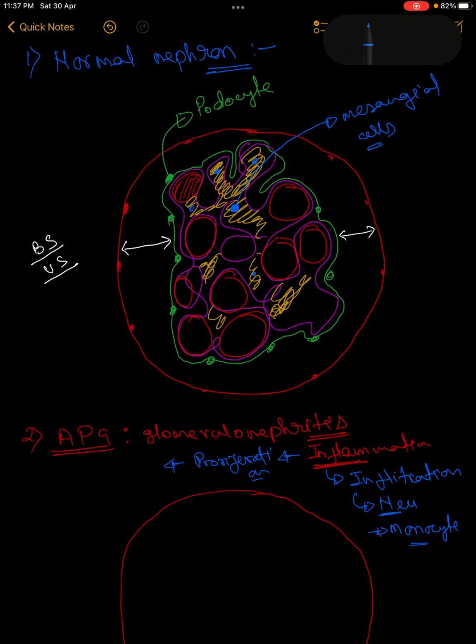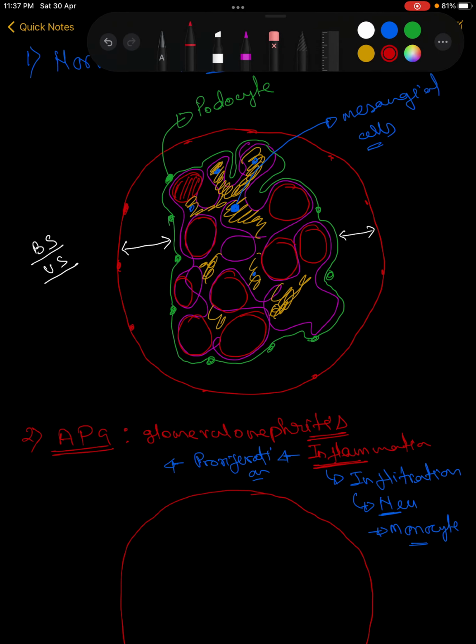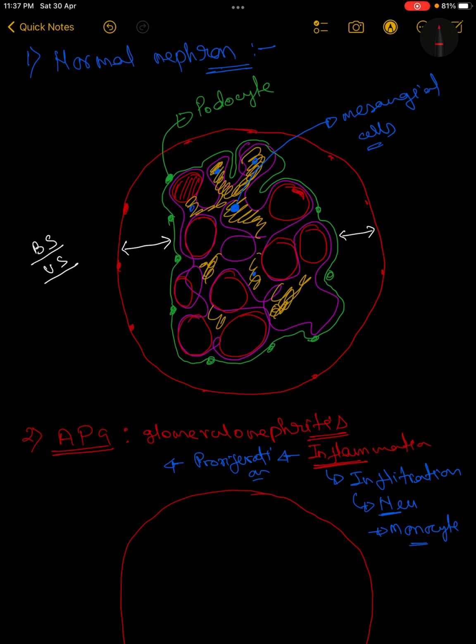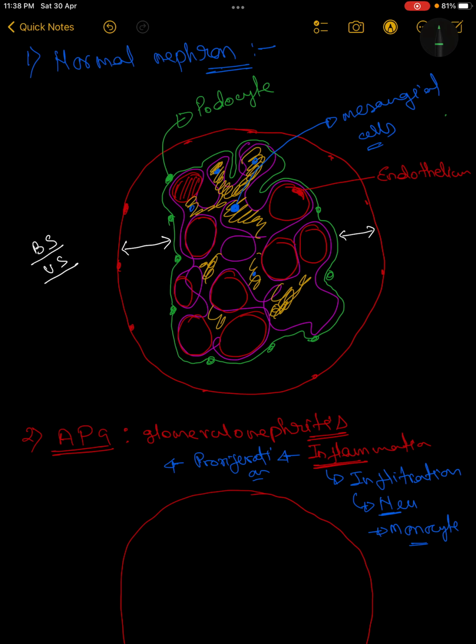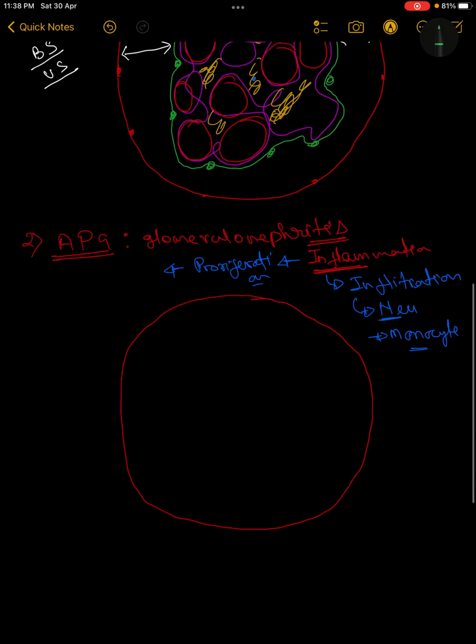In this capillary lumen, you will find a nucleus, which represents the endothelium. So we got three cells here: podocyte, mesangial cells, and endothelium, with the parietal epithelium, or visceral epithelium, also present.